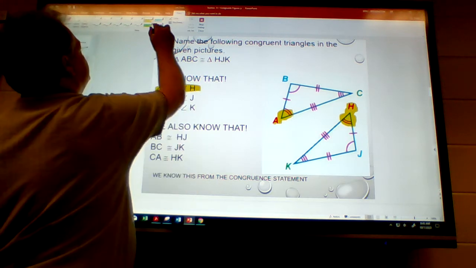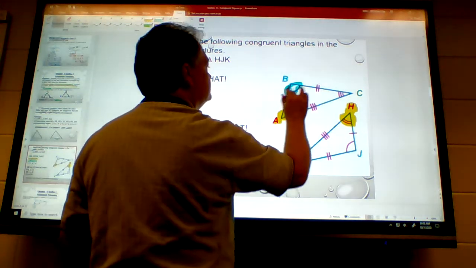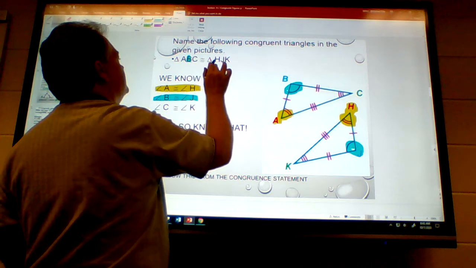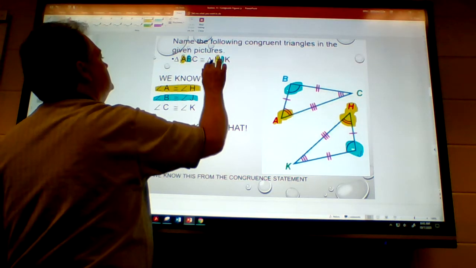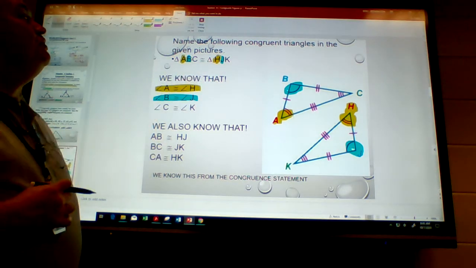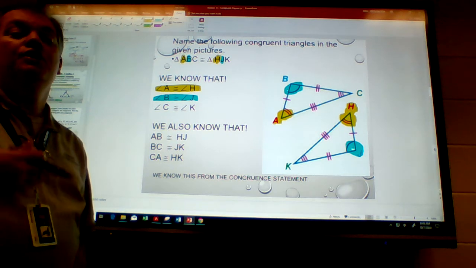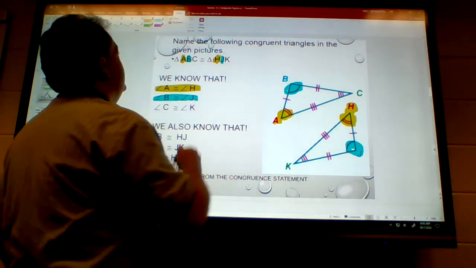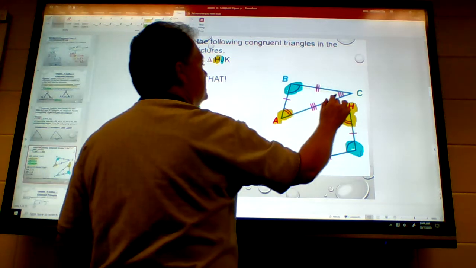So A is congruent to H. B is congruent to J. They both have one curve, but also I want you to see right here in the congruent statement, A and H are both first, so therefore they are in the same spot. That tells you that those two vertices match. That means that those angles are congruent. Same thing with B and J. And then we also have C and K.